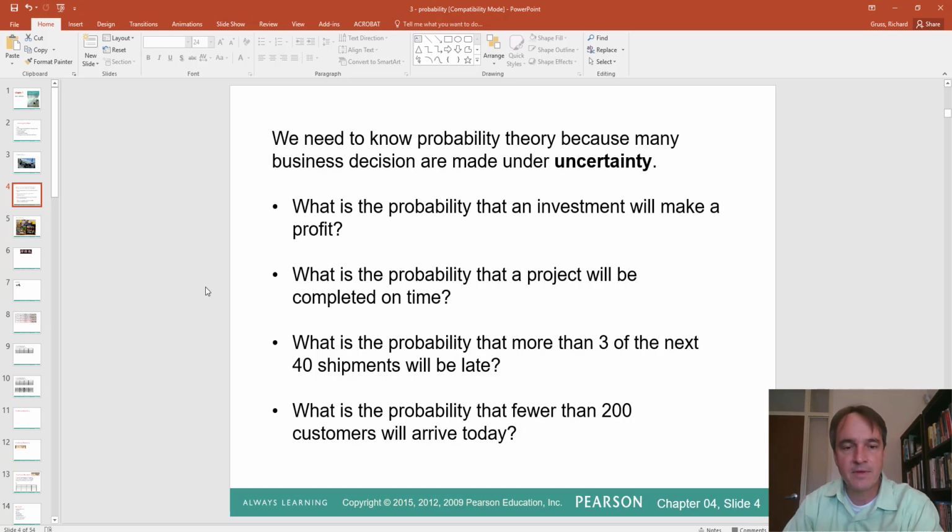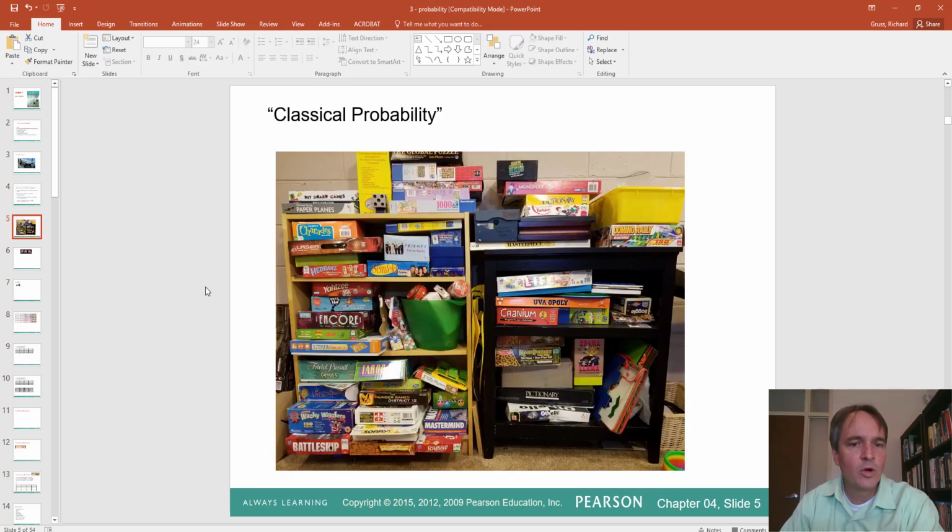Okay, so we're going to talk about classical probability, and classical probability is a set of methods and techniques and frameworks that have existed for a long time, and they emerged from playing games. Now, games are a lot more complicated than simple probabilities of outcomes.